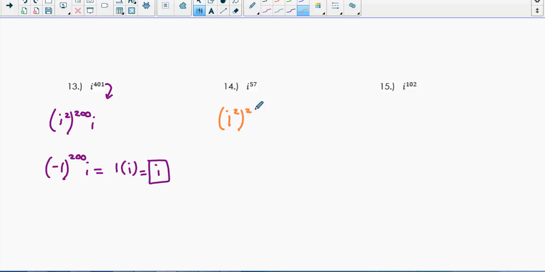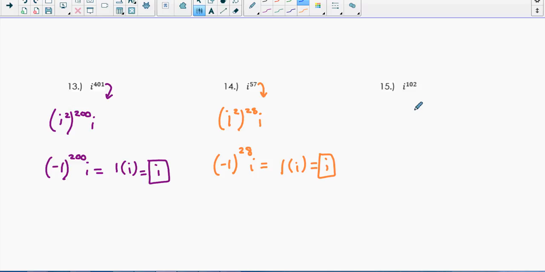It's 28th power. 2 times 28 is 56, so I have to multiply by one more i to make sure that's i to the 57th power. So i squared is negative 1 raised to the 28th times i. If I take negative 1 and raise it to the 28th power, I get 1 times i. So my answer is just i. Okay, let's try it again.